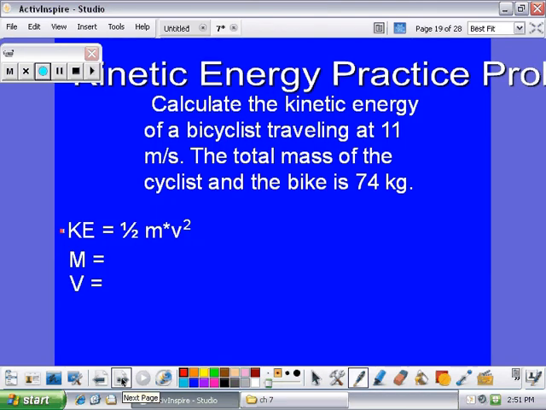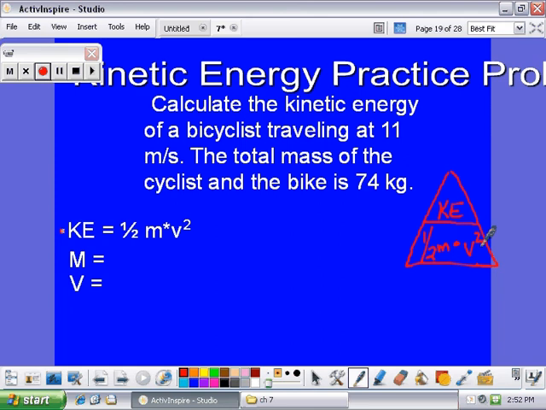So looking at a kinetic energy problem. Calculate the kinetic energy of a bicyclist traveling at 11 meters per second. The total mass of the cyclist and the bike is 74 kilograms. Again, when you look at an equation triangle, which you will be adding to your paper, kinetic energy is solved by multiplying half of the mass by your speed squared.